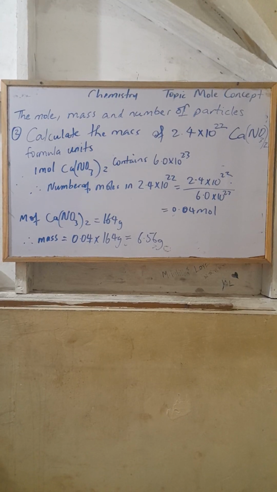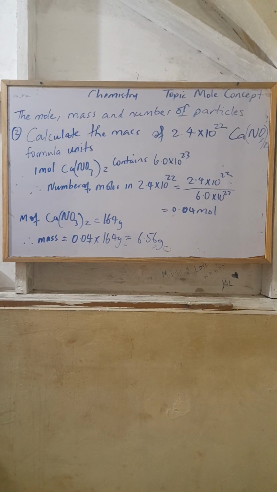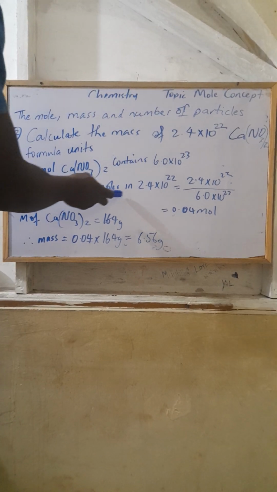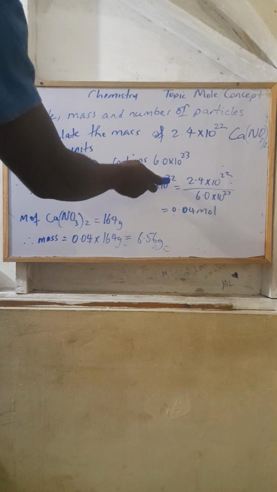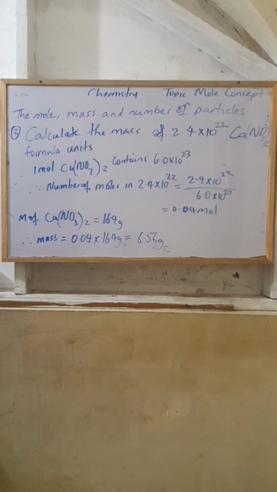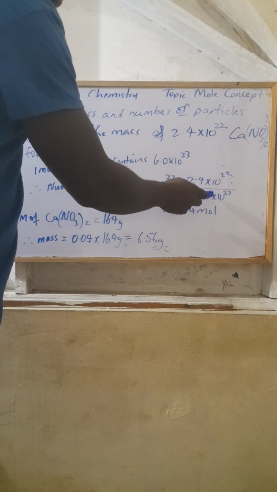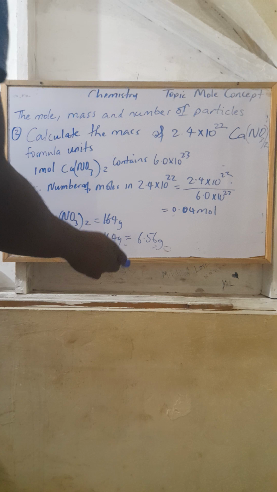All right, calculate the mass of 2.4 times 10 to the 22 calcium nitrate formula unit. 1 mole of calcium nitrate contains 6.0 times 10 to the 23, as 1 mole of any substance contains 6.0 times 10 to the 23. The number of moles in 2.4 times 10 to the 22, as the question asks us to calculate, is therefore equal to 2.4 times 10 to the 22 divided by 6.0 times 10 to the 23.